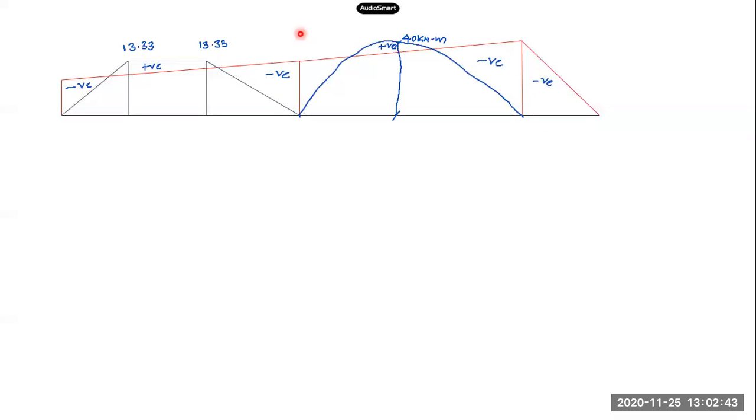I'm getting 4.73 here, and at point B it is 30.5. Here it is 60. So at points A, B, C, and D.